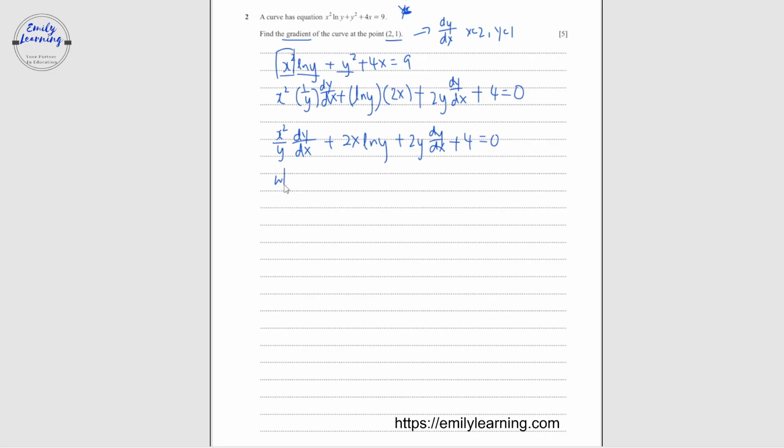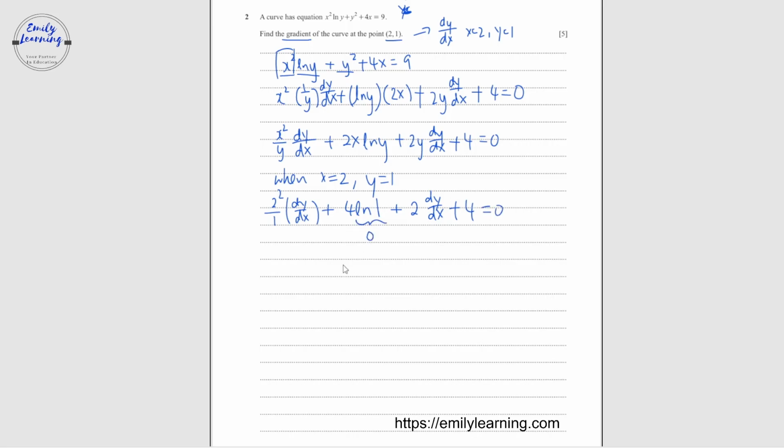Let me substitute x equals 2, y equals 1 into this expression here. So x is 2, so it's 2 squared over 1 dy/dx, plus 2 times 2 is 4, then ln 1, plus y is 1, so 2 times 1 is 2 dy/dx, plus 4 equals 0.